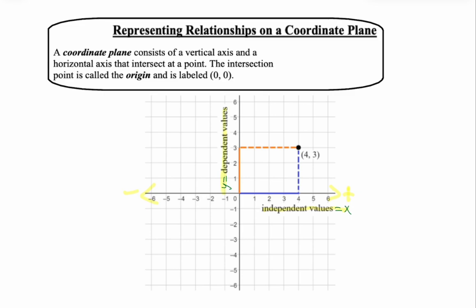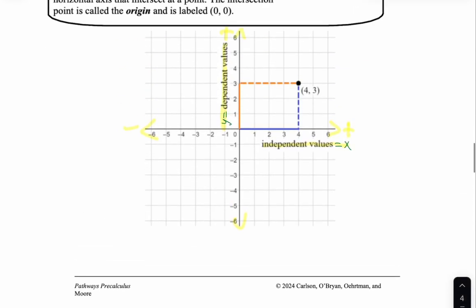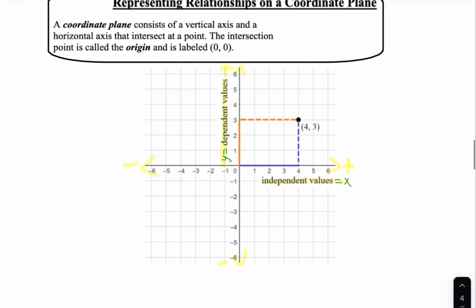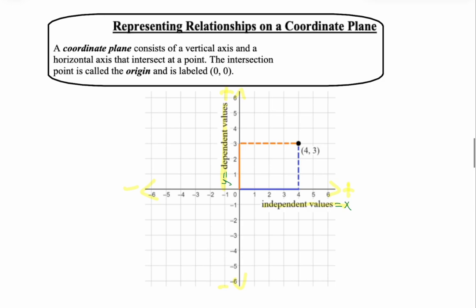Our y's, our dependent variables, are going to go up and down. Remember, up is positive, down is negative. Remember, the origin is our point 0, 0. So if you see that terminology, origin is just our center value at 0, 0, where the x and y axis intersect. So those things should be very familiar to you.